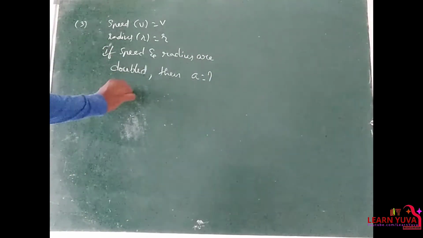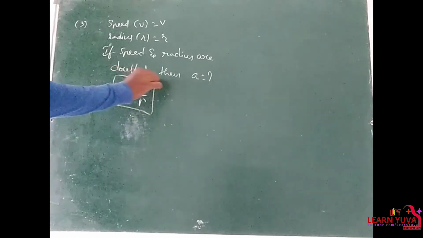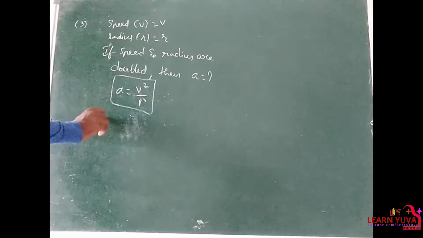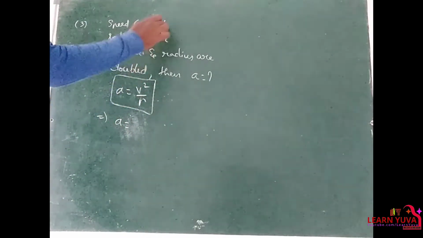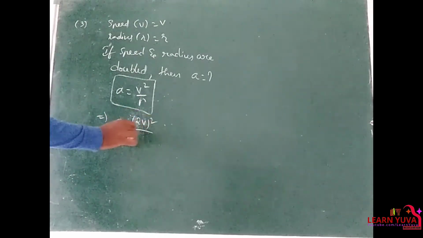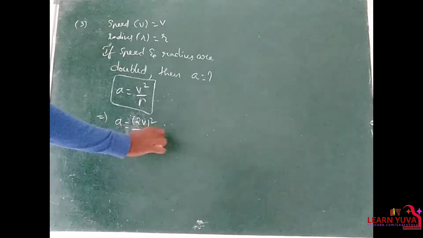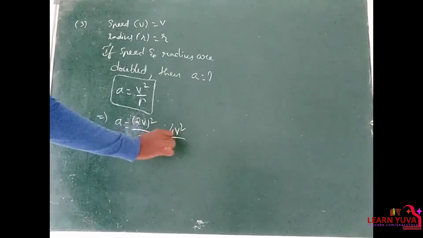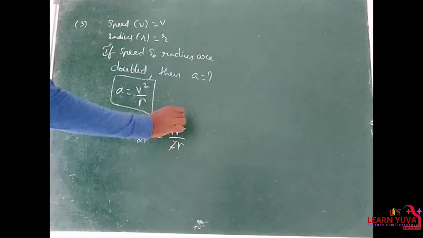By the formula A is equal to V square by R. Apply this formula, that implies A is equal to V square. Now the velocity is doubled, so 2V whole square by R. Radius is also doubled, 2R. That is equal to 4V square by 2R. 2 ones, 2 2.